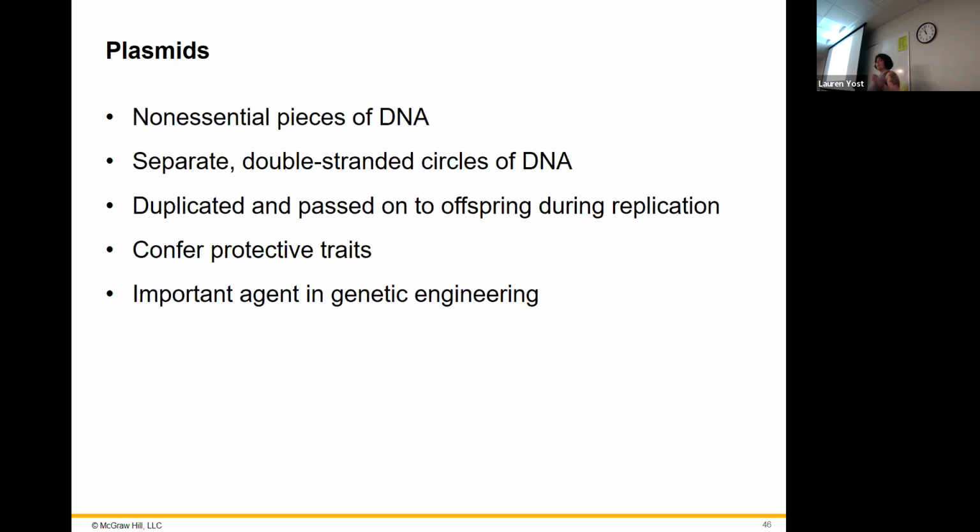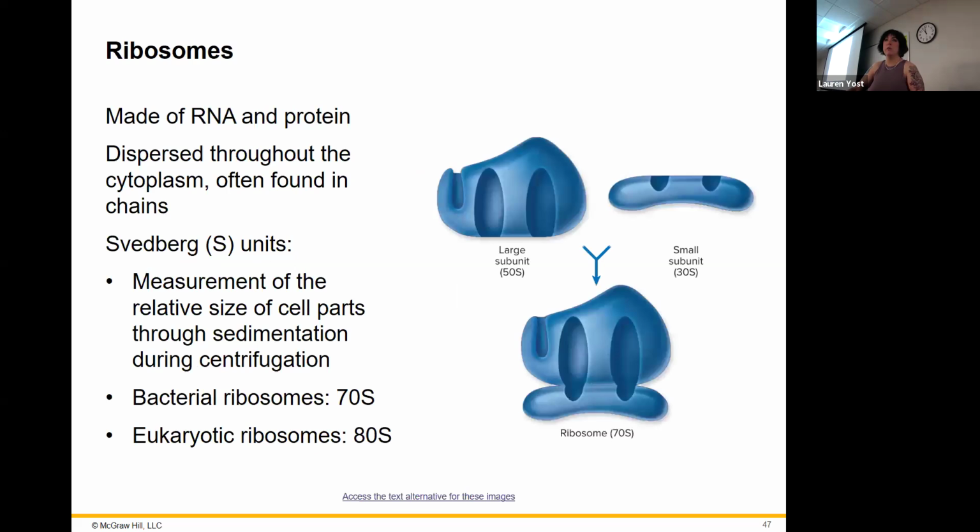If you get one, when you divide as a cell, you divide with it, so your new daughter cells also have a plasmid. We use this a lot for genetic engineering because we can put whatever gene we want in a plasmid and then put it into the bacteria and then they'll make whatever we want. So pretty useful stuff. That is chapter 8.